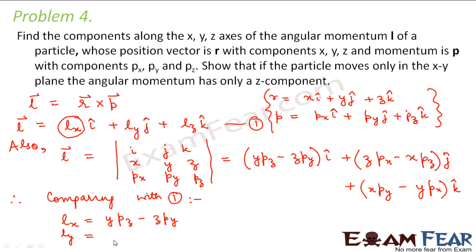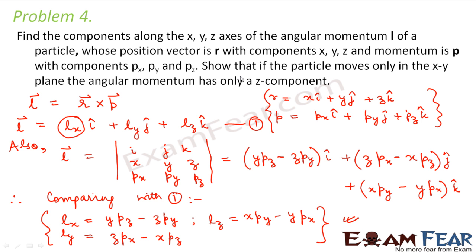We get Ly is equal to zpx minus xpz. And we get Lz is equal to xpy minus ypx. So that's how we solved the first part of the problem. The first part asked us to calculate the components along x, y and z axis of angular momentum L, so we calculated Lx, Ly and Lz.